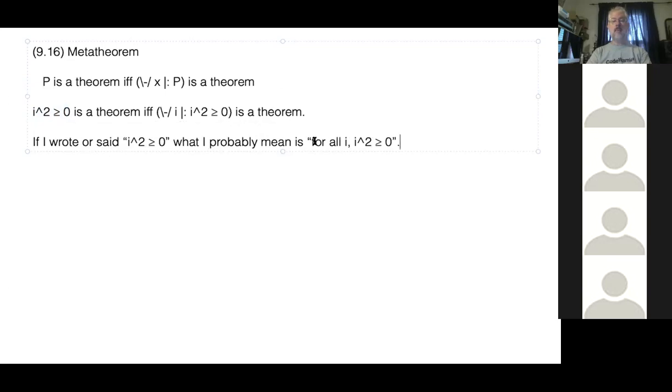So I'm implicitly talking about a quantifier. So does that make sense? Questions about that? And there's a question in chat from Richard, which I'll get to in a hot sec, so hang on. How you would use this is a fair question.